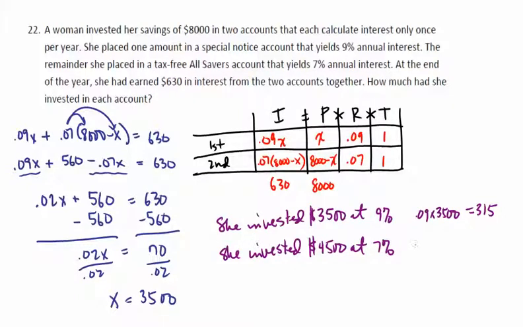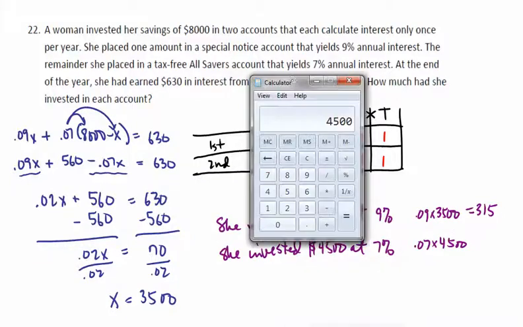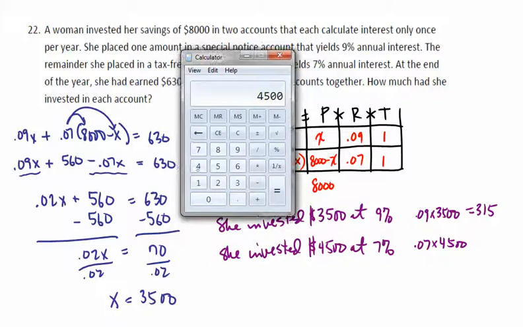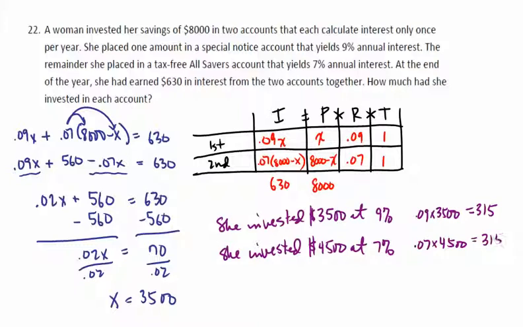And if we wanted to check that we were good there, we would multiply 0.07 times 4,500, and there we get 315 also. Okay, that's fine. She just happened to make the same amount in both accounts, but together we get 630.